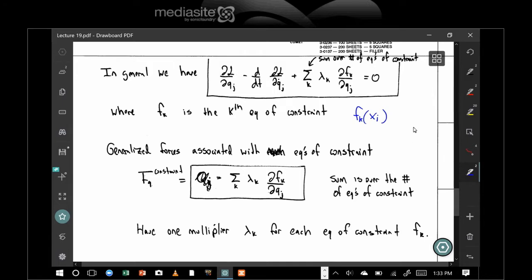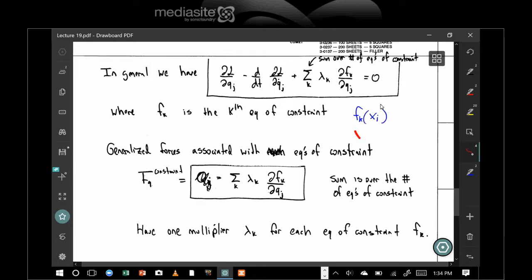For each equation of constraint, I'm going to have a multiplier associated with it, so it's lambda sub k. And I have to take the partial derivative of f with respect to the generalized coordinate q. Now, you may say that in general, when I write my equations of constraint, they're in terms of the x's, the Cartesian coordinates.